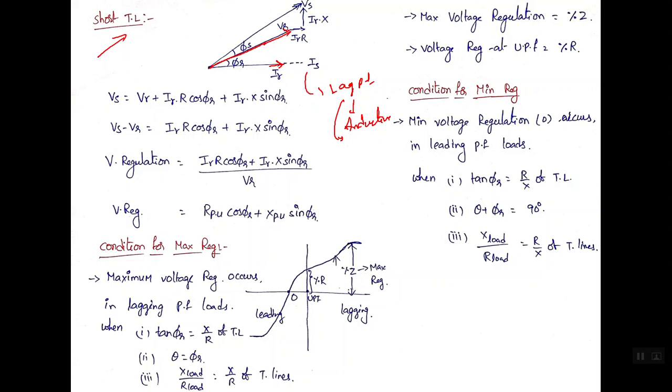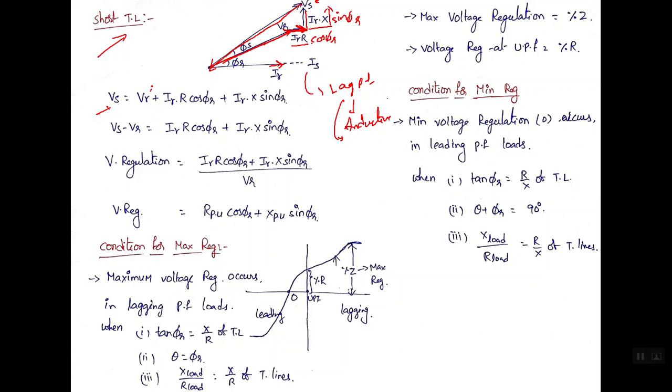So the horizontal component is IR into R, the vertical component is IR into X, and the resultant will be Vs. So we can say that Vs is equal to VR plus IR into R plus IR into X. The horizontal component is IR into R cos phi r, and IR into X sin phi r.